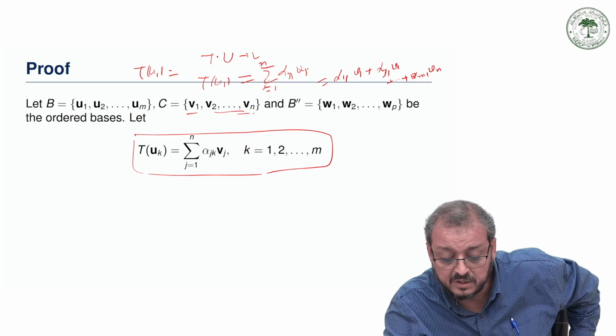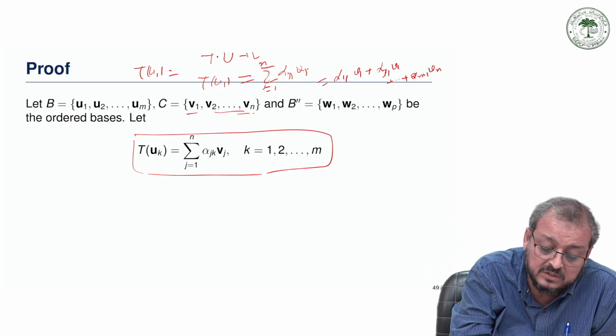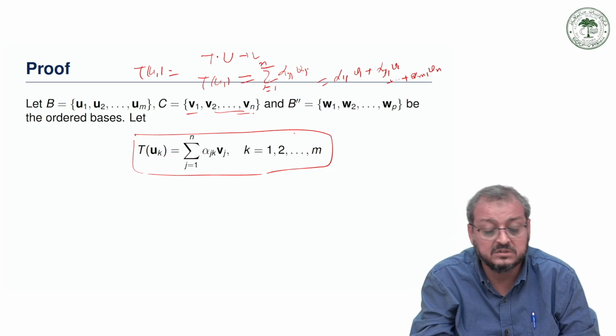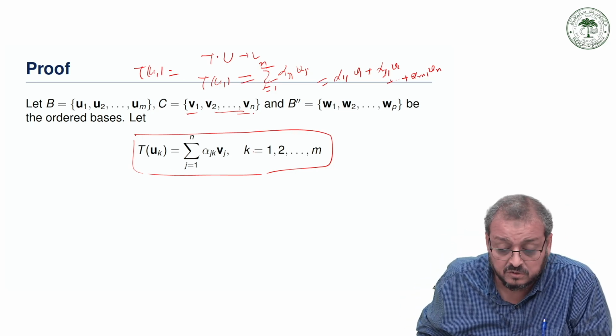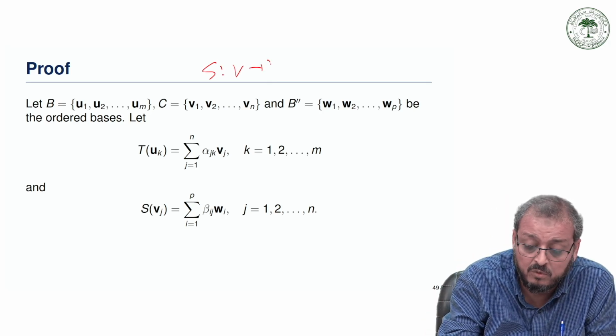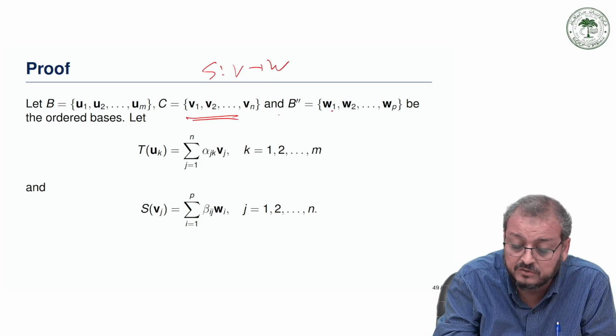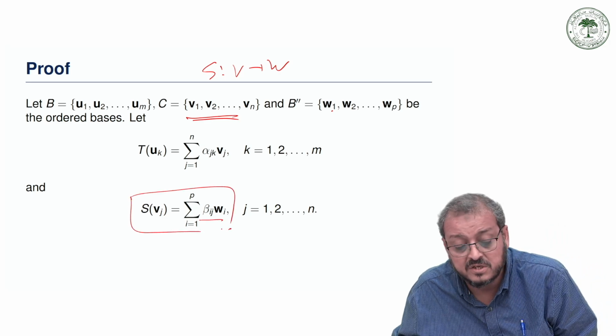In a similar fashion we calculate T of u2, and so on; the kth term can be written in this form. Similarly, we can write S also, because S is a map from V to W, so the basis vectors are written as the sum of beta ij wi.